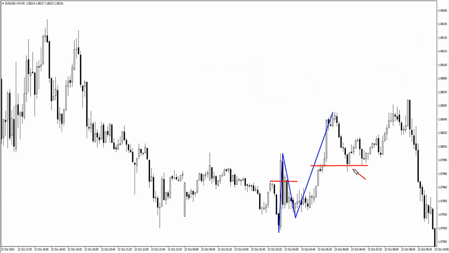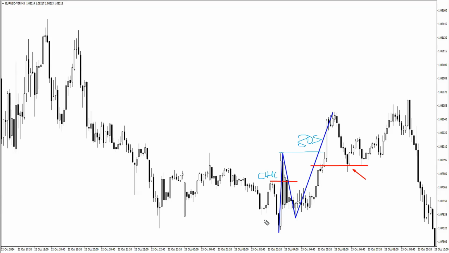Now in this entry right over here, you can see impulse, correction, and then another impulsive move breaking. But the first impulsive move has already done a CHoCH, change of character. The moment price broke here, we have a break of structure.